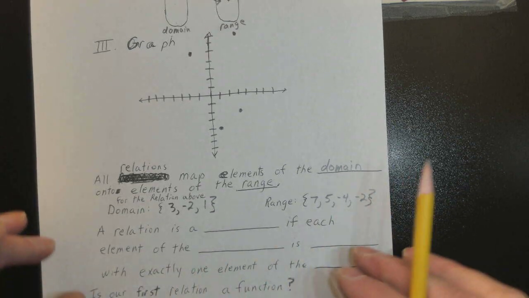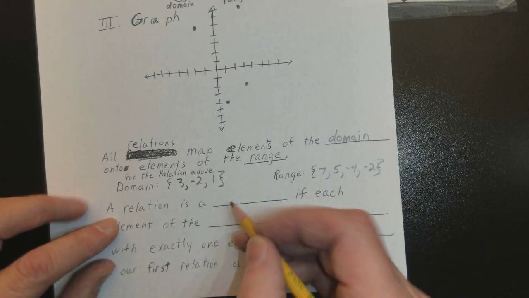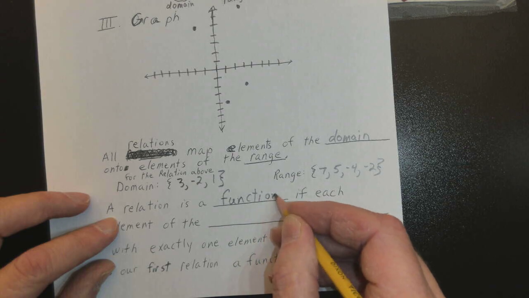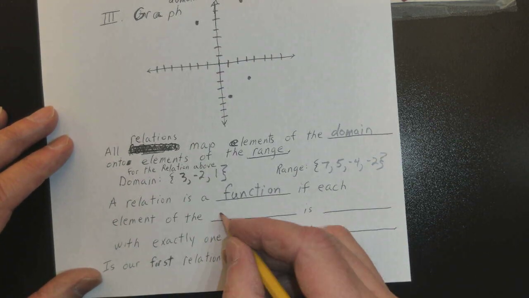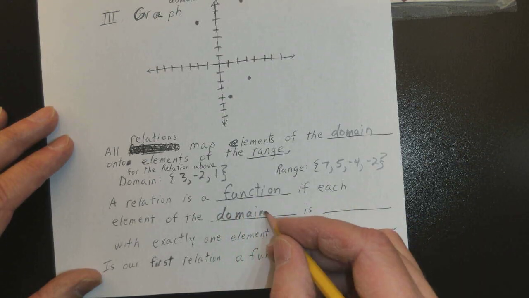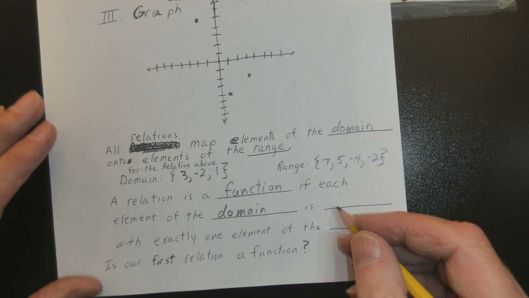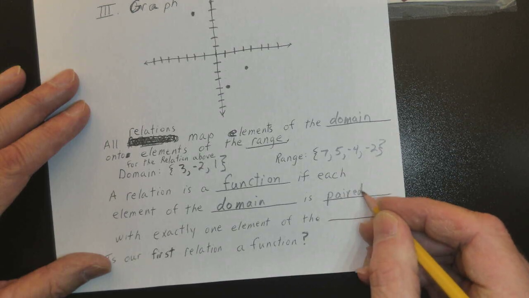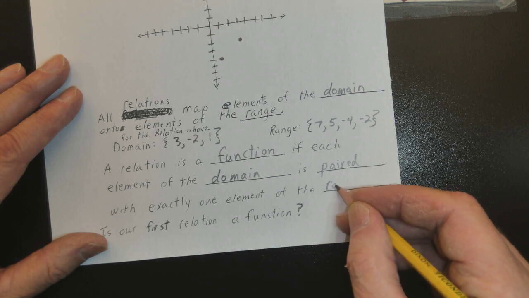Now, we got a little definition for function. This is the definition for function. A relation is a function if each element of the domain is paired with exactly one element of the range.